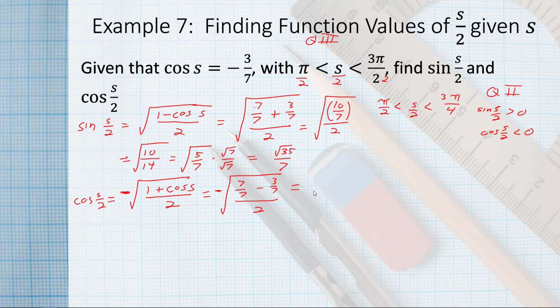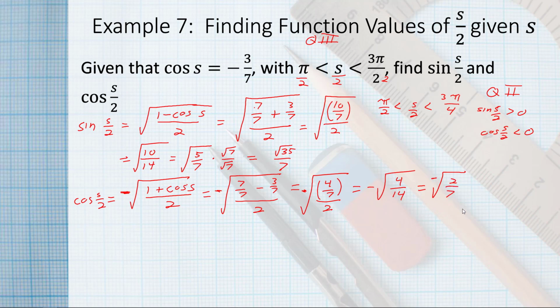That is going to be equal to 4 over 7 divided by 2, negative square root. That will be equal to the negative square root of 4 over 14, which simplifies to the negative square root of 2/7.